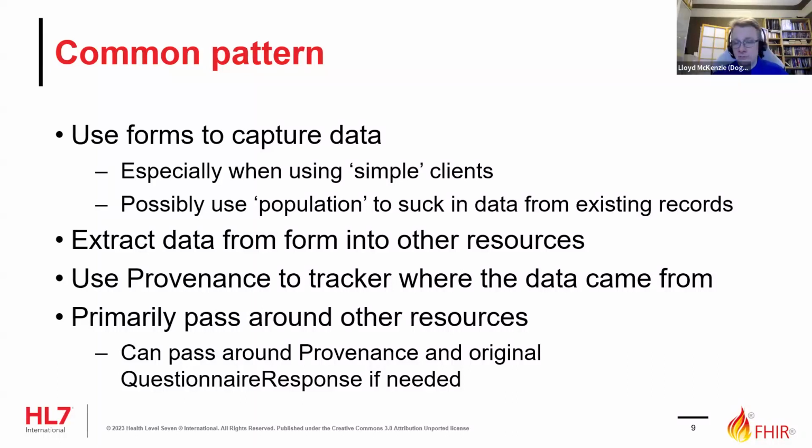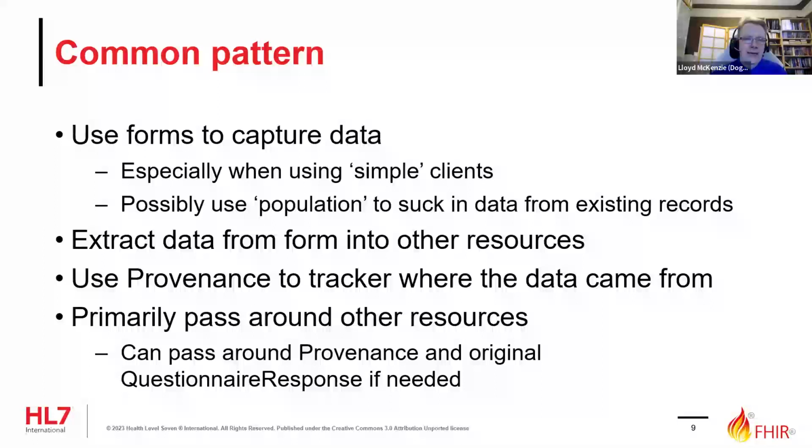Sometimes you might also pass around the questionnaire response and the provenance that links them. It really depends on what the downstream system needs. Does it need to have access to source of truth, what the user originally put in, or is that sort of noise and overhead and they don't want it? It's up to you in the design of the system what you choose to pass along.